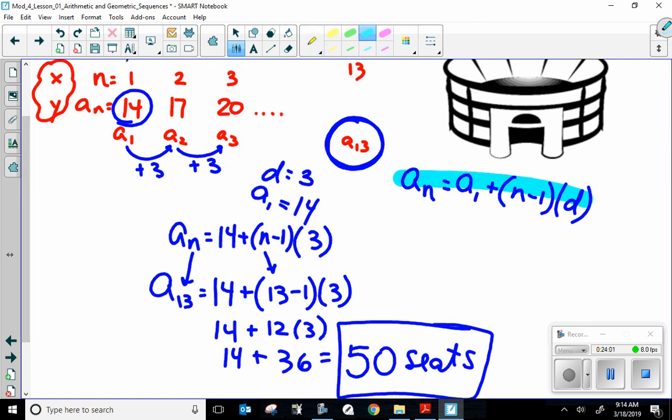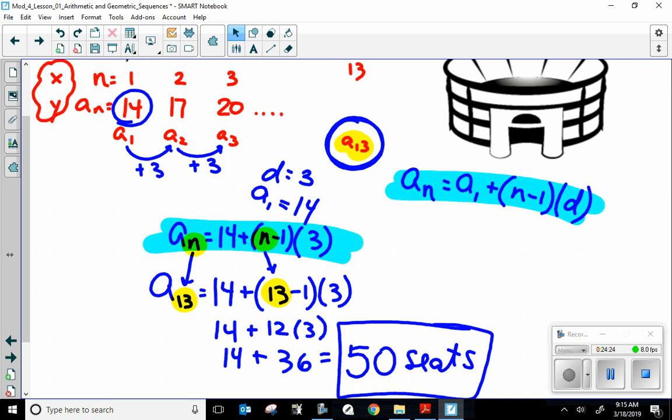I think coming up with the equation is easy. It's right here. But they want to know what A13 is. So for my n, I need to put in a 13. That means wherever there's an n, I put in a 13 and I just simplify. That is it. And we come up with 50.